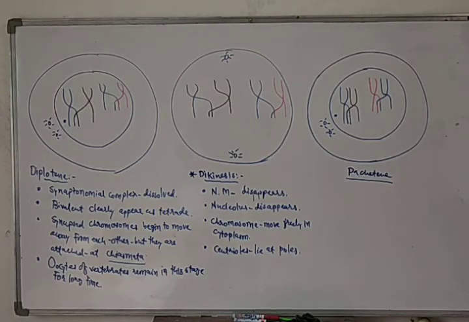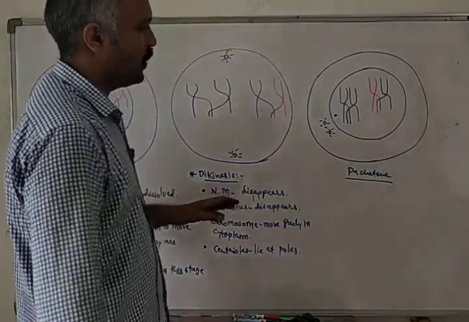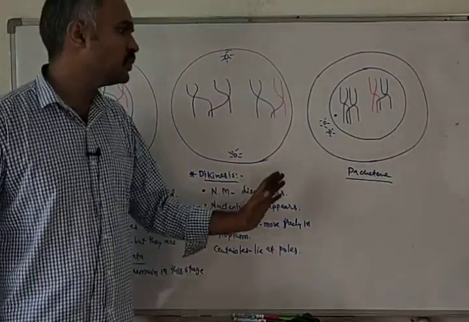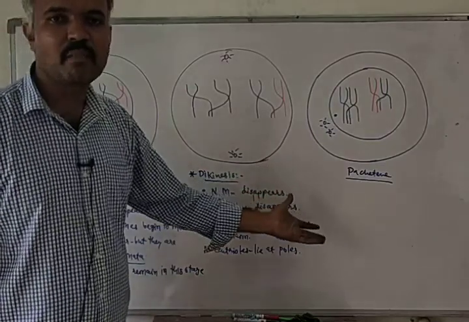So students, we have covered the pachytene stage. During the pachytene stage there will be crossing over of the non-sister chromatids of the homologous chromosome, and then exchange of the genetic material, a process known as recombination, which occurs with the help of recombinase enzyme.